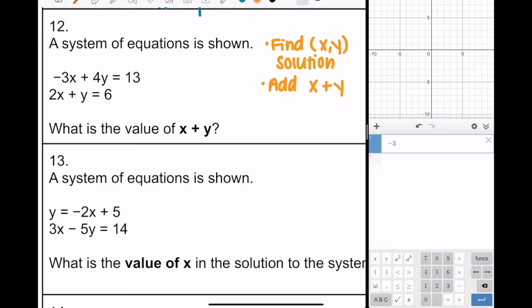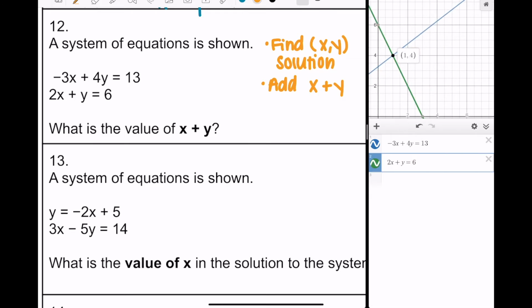Negative 3X plus 4Y equals 13, and 2X plus Y equals 6. Our intersection is at the point 1, 4. So our solution is 1, 4. And to add them together, we're going to do 1 plus 4, which gives us 5.